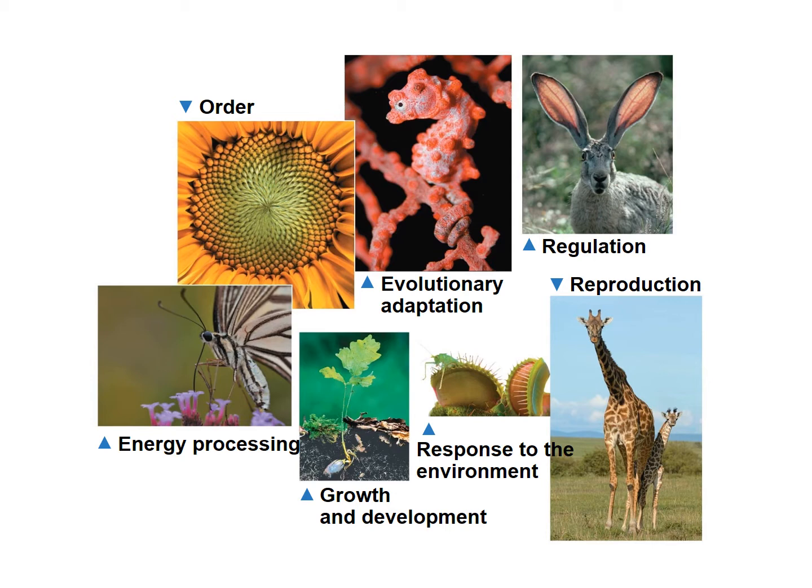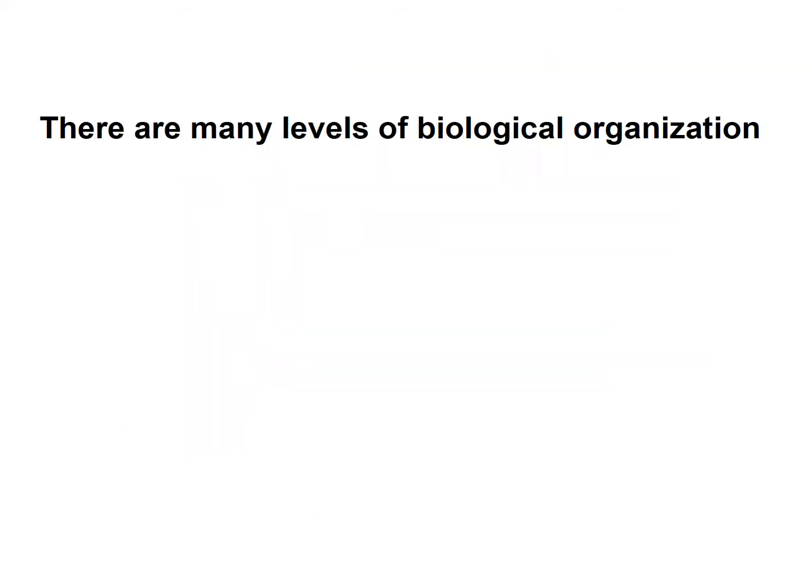So the 7 properties of life include reproduction, response to the environment, growth and development, energy processing, order, evolutionary adaptation.